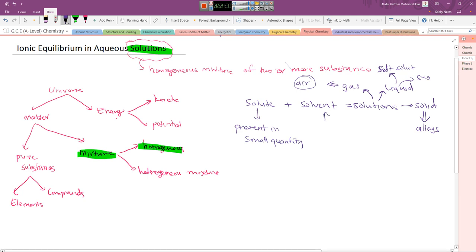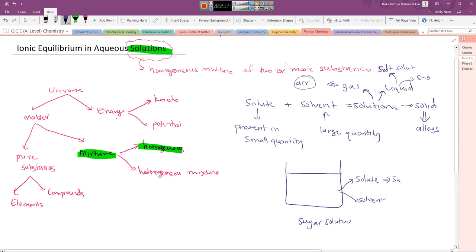For example, if you take sugar solution, we will just dissolve some amount of sugar into water, right? So a sugar solution contains solute and solvent. Here the solute will be sugar and the solvent will be water.